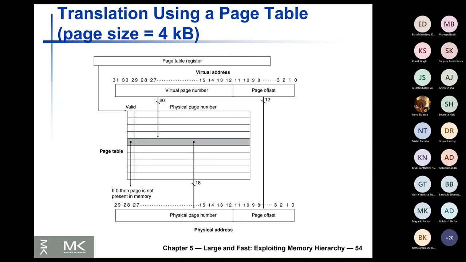It is there in the hard disk, and it is a page fault. So if the virtual page number points to a row where some entry is present, but the valid bit is 0, the mechanism declares a page fault.